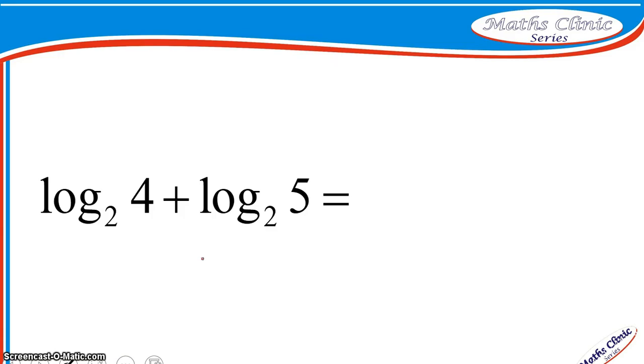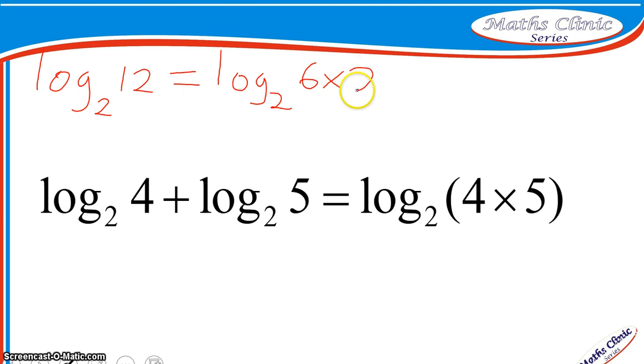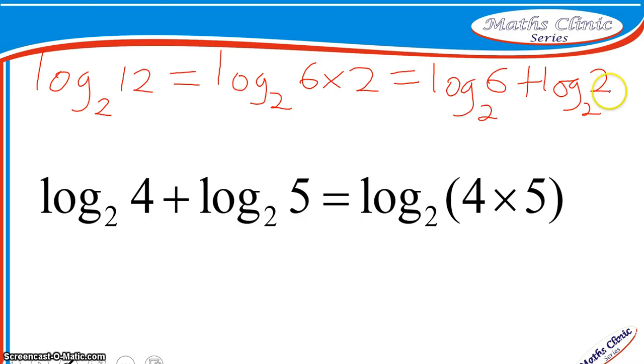Example, if I have log base 2 of 4 plus log base 2 of 5, I can easily write it as log base 2 of 4 times 5. And the reverse is also true. If I have log base 2 of, let's say, 12, I can write this as log base 2 of 6 times 2, which can be written as log base 2 of 6 plus log base 2 of 2.